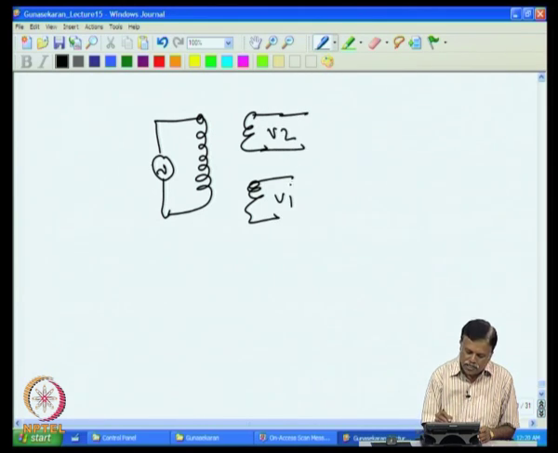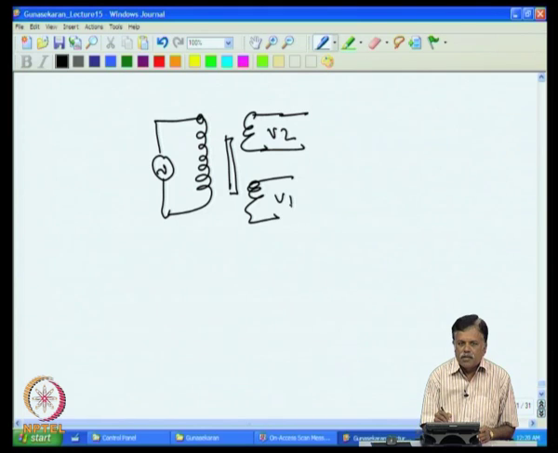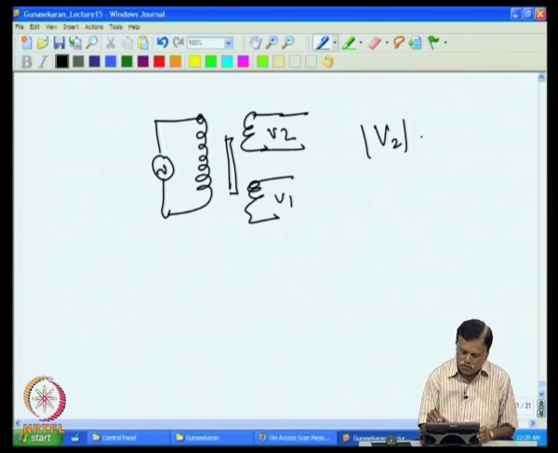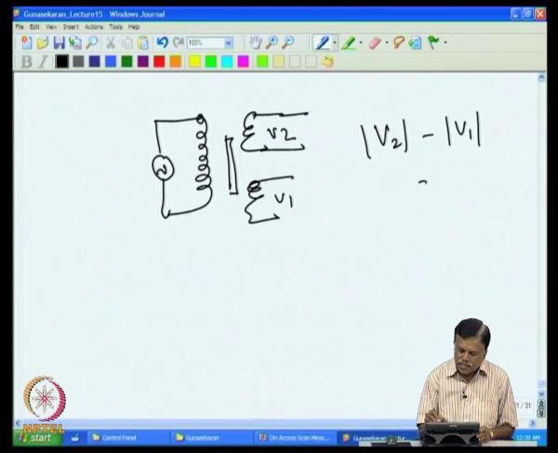Now, the problem is that when the core moves, the amplitude in V1 and V2 changes, but in addition to that the phase relation between the primary and secondary also changes. So, if you want to really see the difference, you only have to see the magnitude of V2 and the magnitude of V1. That difference is what we have to measure, and that gives you the displacement.